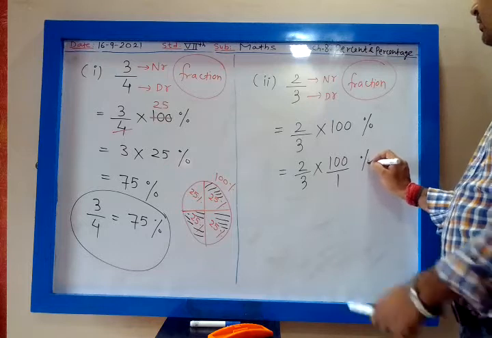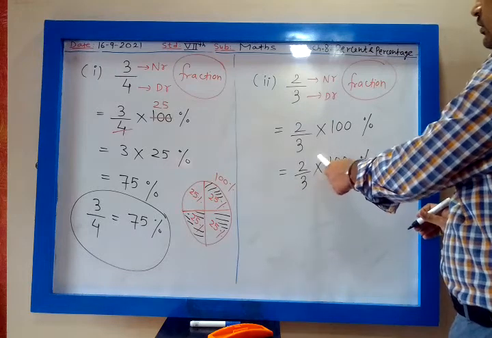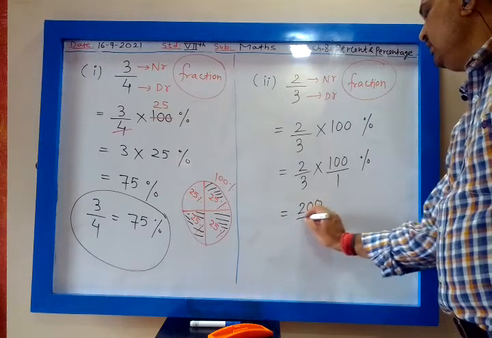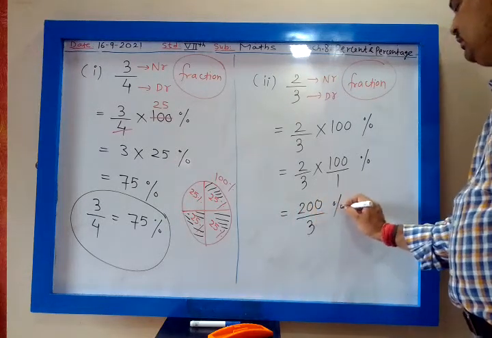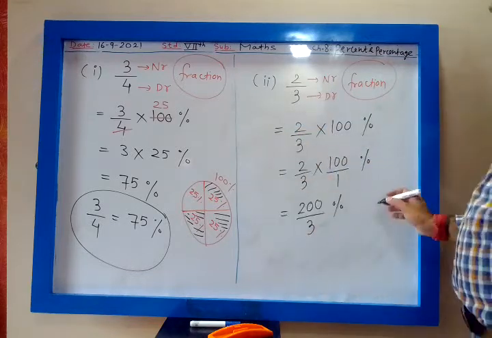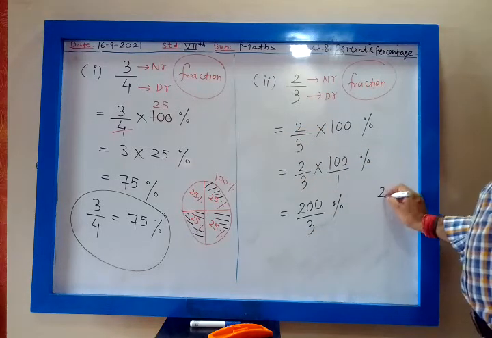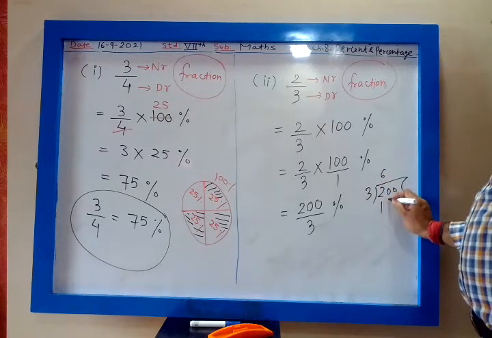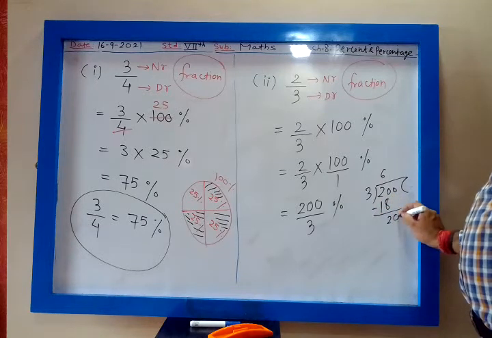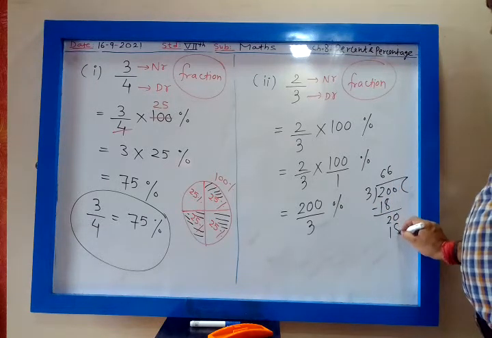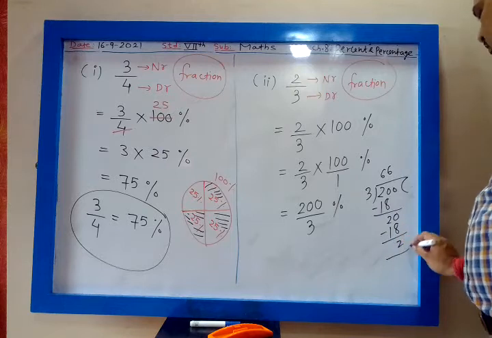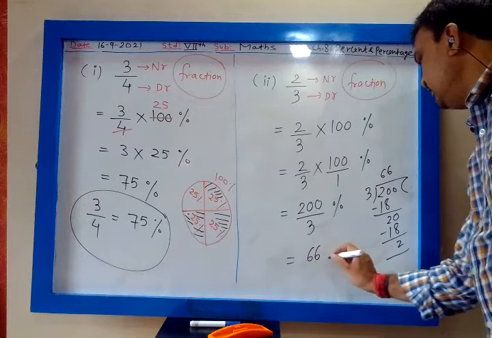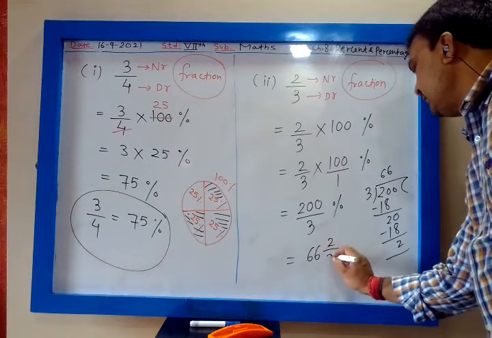Now this is multiplication of two fractions. Multiply numerator to numerator, denominator to denominator. So that is 200 upon 3%. Now you can convert this into a mixed fraction. 200 you divide by 3. 3 6s are 18, then again it is 20, 3 6s are 18, then 2 is left. So you can write it as a mixed fraction: 66 and 2 by 3%.